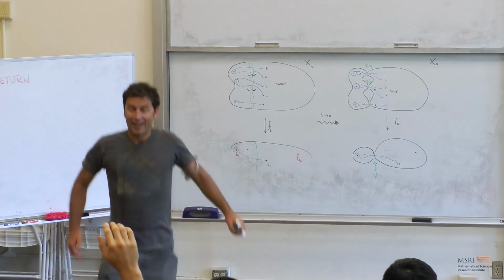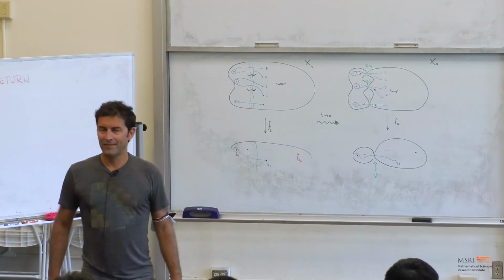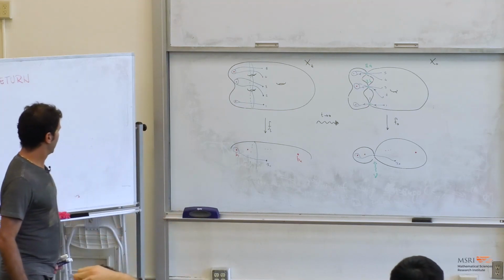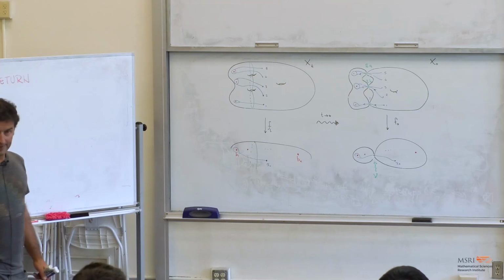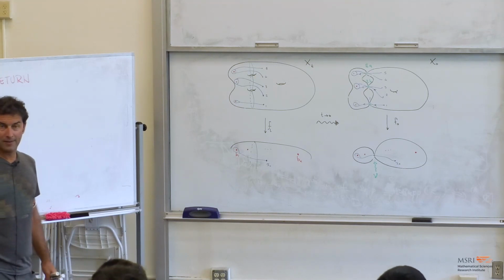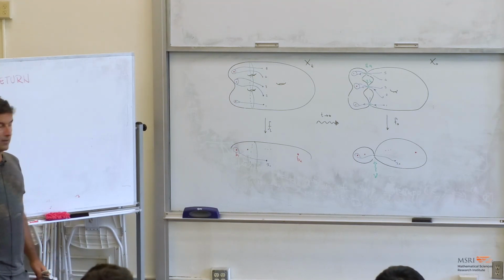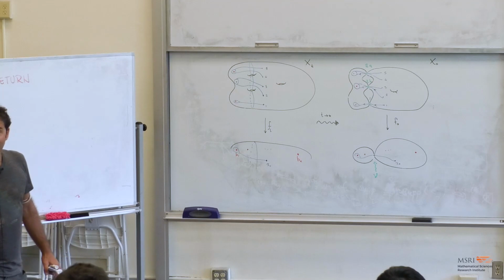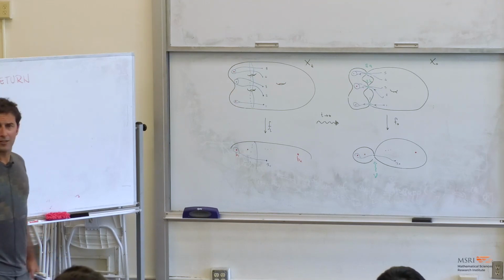Yeah? To me it seems that you're taking that pointer and you're taking the image and then you're counting the image, taking care of automorphism and also reducedness. But it seems to me that you're ignoring reducedness, right? Oh, yes, I'm totally ignoring reducedness.